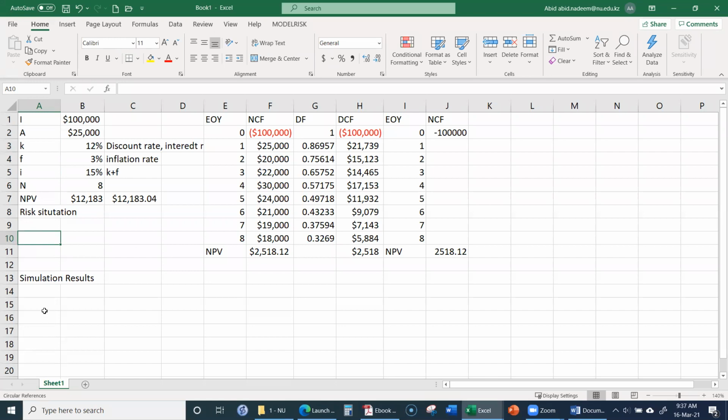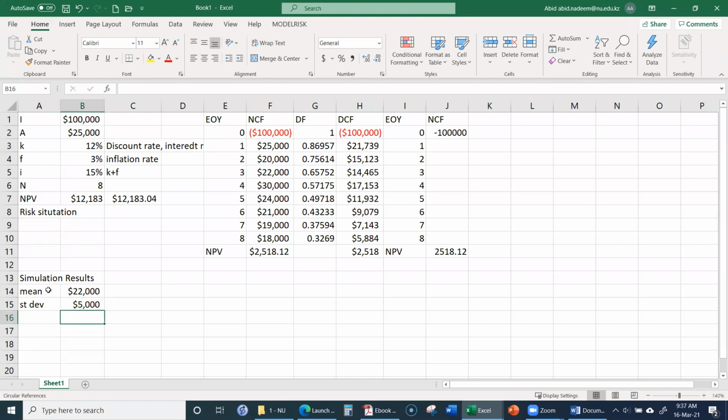Okay, so let's take this new situation in mind. The mean value for the annual benefit is say $22,000, and the standard deviation for this is $5,000.